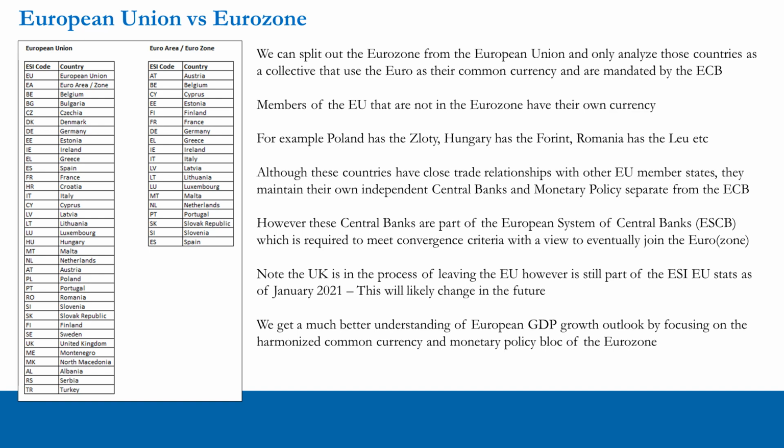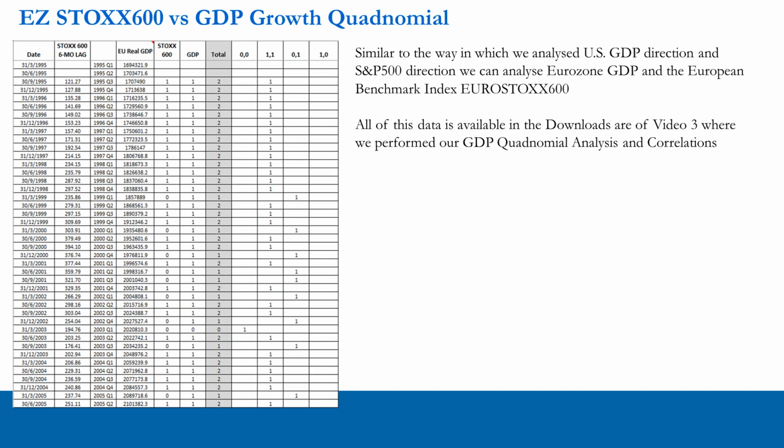Now, let's get into the data of the Eurozone and have a look at the Eurostoxx 600, the European benchmark index, versus Eurozone GDP growth. If you go to the downloads area of video number 3, I mentioned earlier, the sheet global GDP. If you download that and scan the sheets at the bottom of the file, you'll see sheets that relate to the Eurozone and the Eurostoxx 600 versus GDP growth.